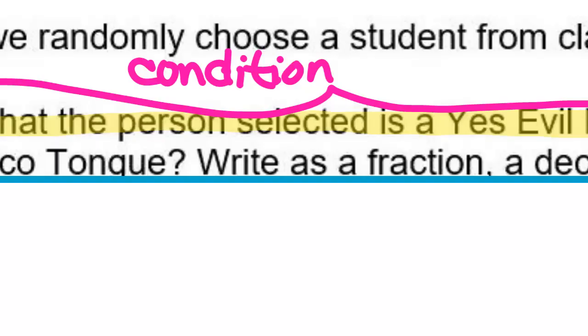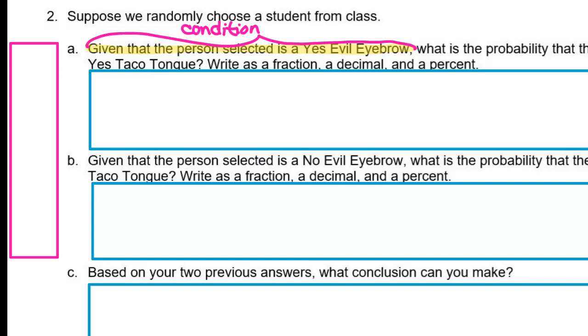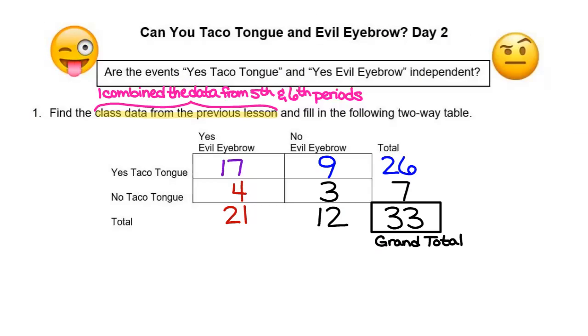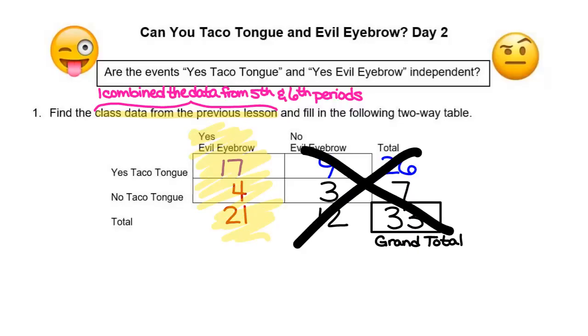Once I have a condition, I'm no longer looking at the grand total. I'm not looking at everybody involved anymore. When I say given that the person selected is a yes evil eyebrow, I am only looking at this much of the table. I am totally and completely ignoring this for part A.